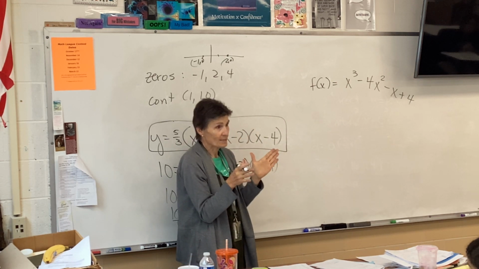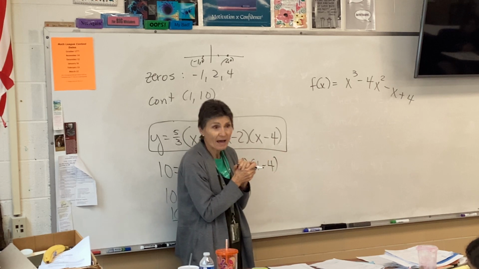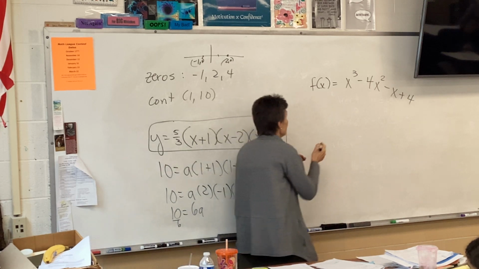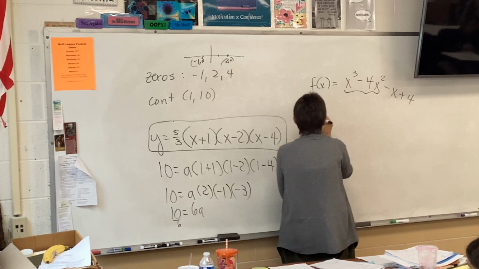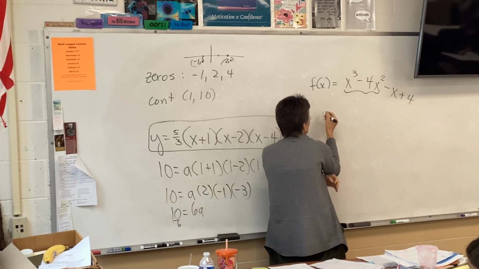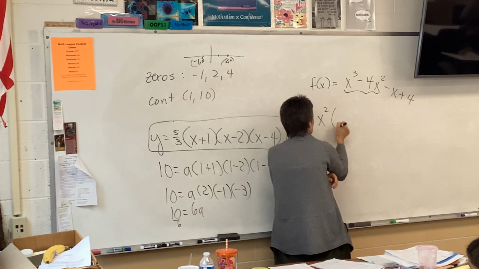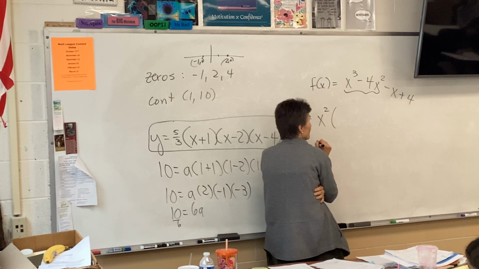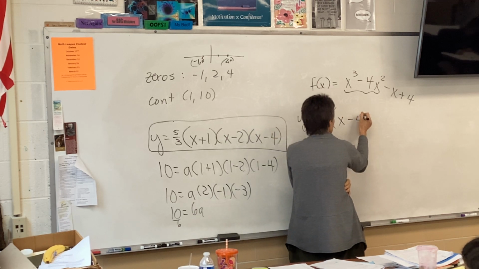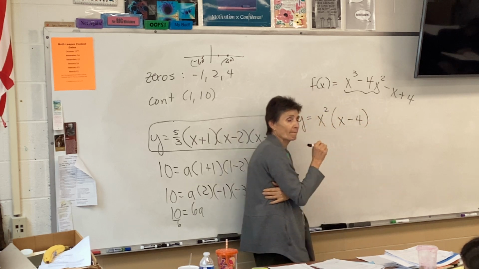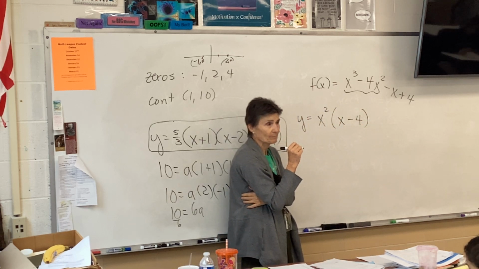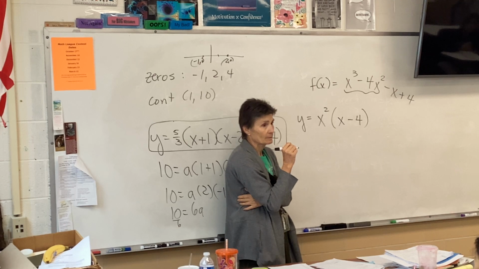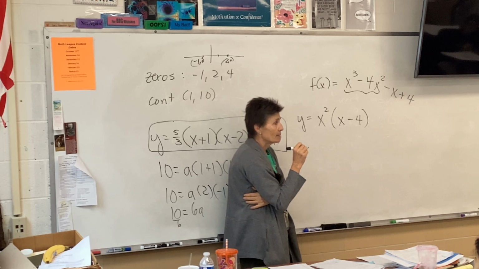All right, you know how to do this. We've already done it. We're gonna factor by grouping. So we'll group these two together. What can I take out of those two? x squared. What will I have left? x minus 4. Okay. Now what?